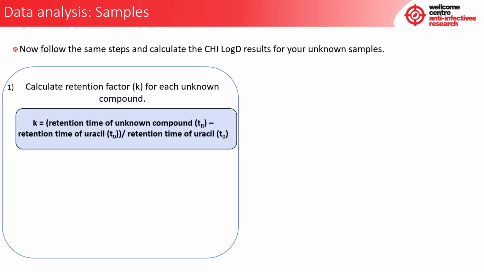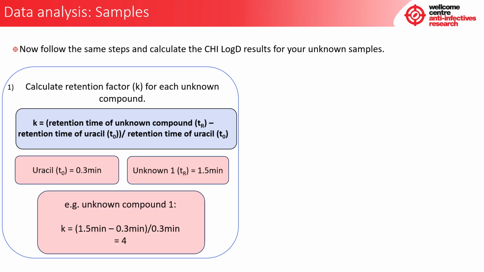Step 1 is to calculate the retention factor for each unknown compound, where retention factor equals the retention time of the unknown compound minus the retention time of uracil, or T0 marker, divided by the retention time of uracil. For our example, the retention time of uracil is 0.3 minutes, and the retention time of our unknown compound 1 is 1.5 minutes.